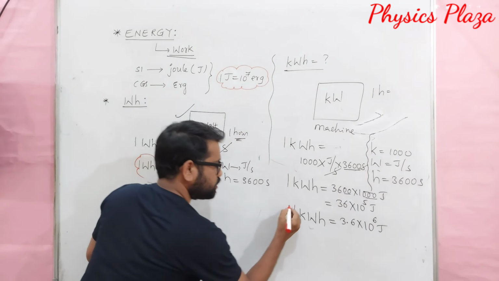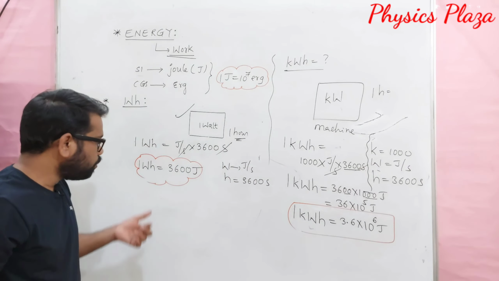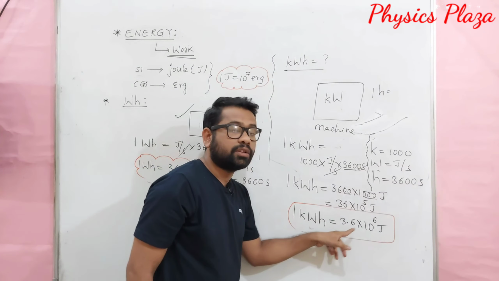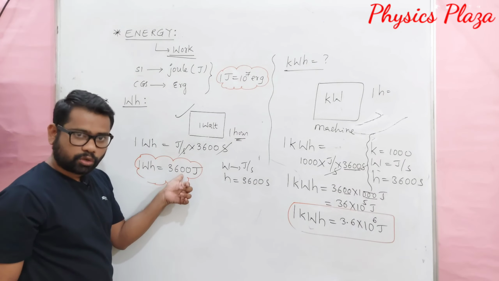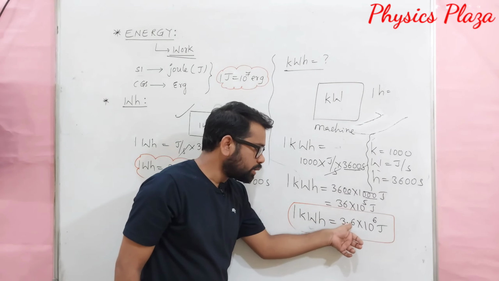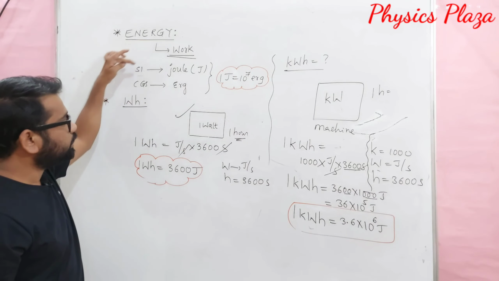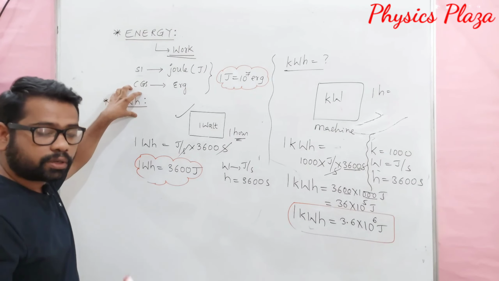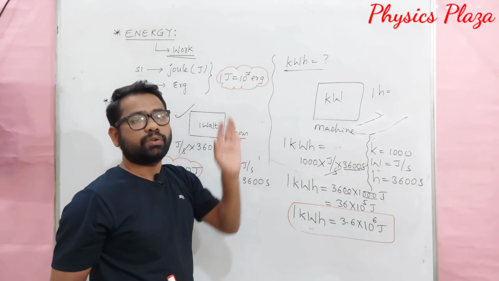Children, how watt hour and kilowatt hour are related to the joule is very important. 1 watt hour is equal to 3600 joules. At the same time, 1 kilowatt hour is equal to 3.6 into 10 power 6 joules. Watt hour is also a unit of energy only, and kilowatt hour is also a unit of energy only.